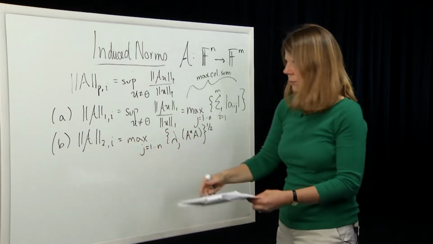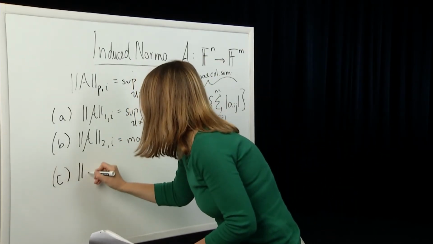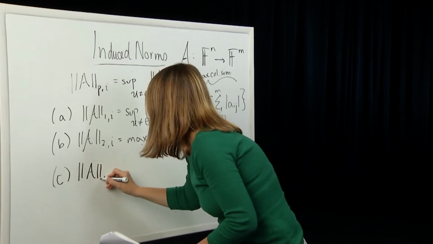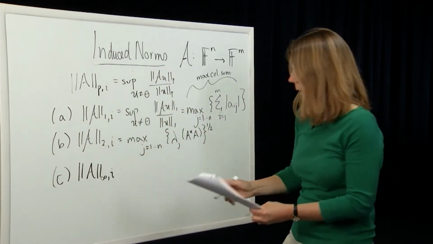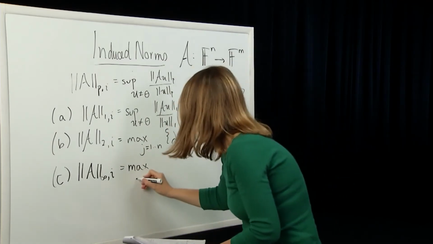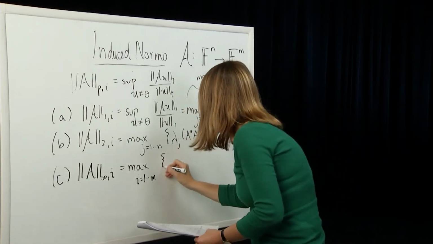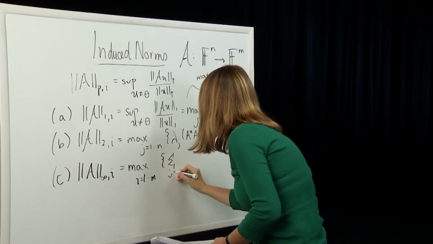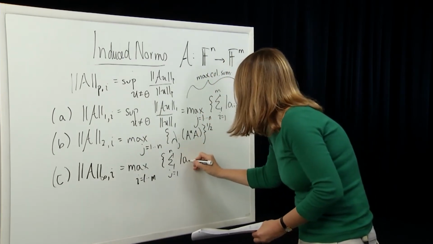We haven't proven those. And then finally, for the other popular vector norm, which is the infinity norm, we can come up with an induced infinity norm on a matrix, and that's equal to the maximum over i from 1 to m of the summation from j equals 1 to n of the absolute value of a_ij.